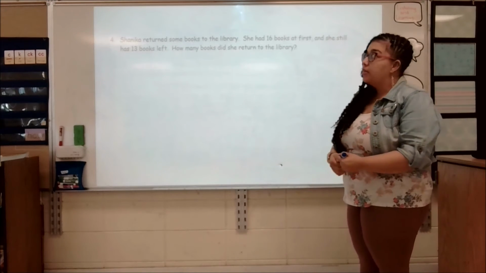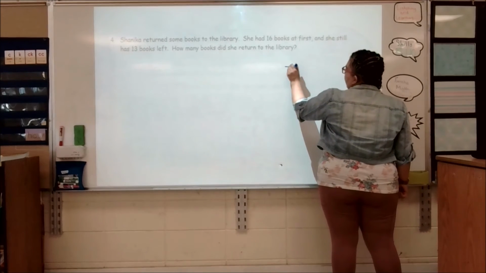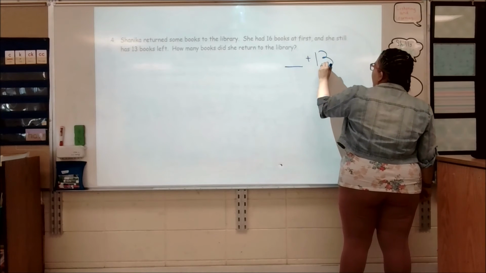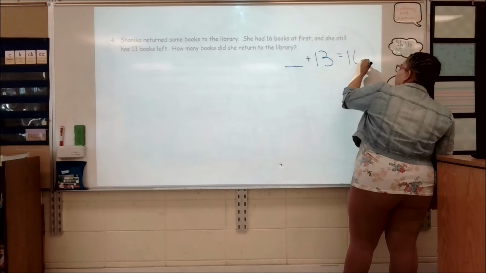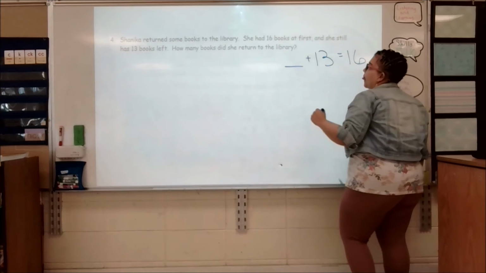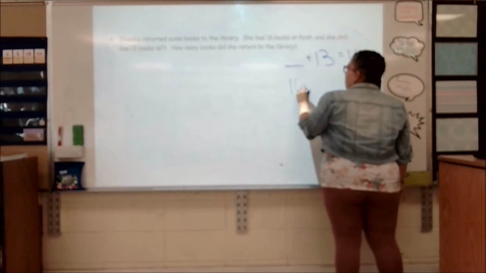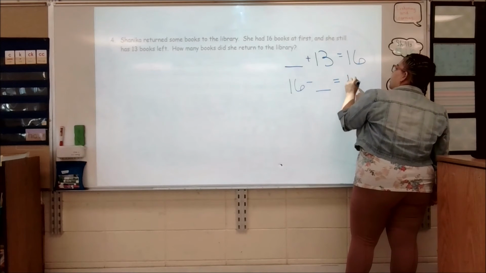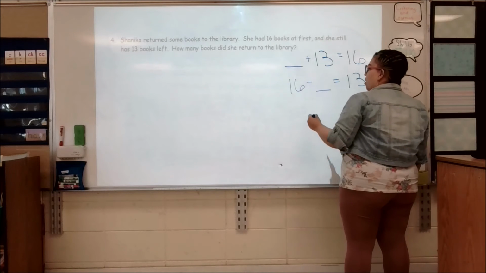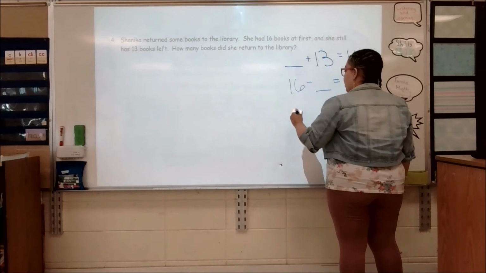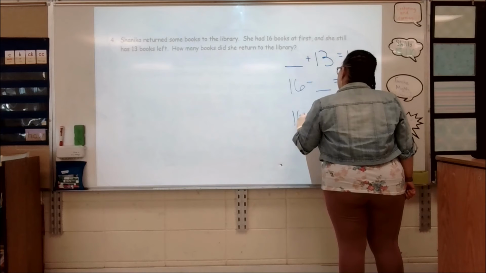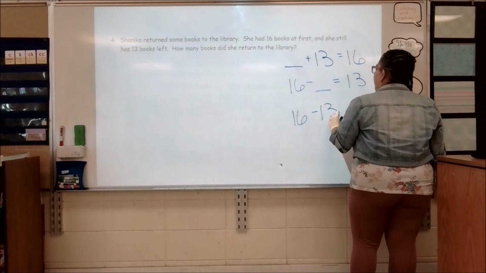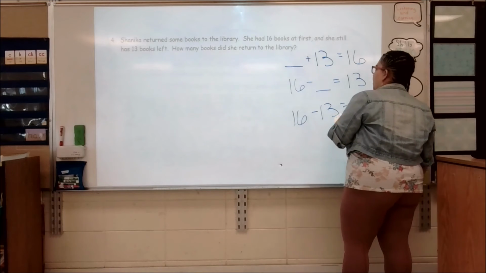So there's a couple number sentences that work with this. Blank books returned plus books left equals all of her books. Okay? Books at first minus books returned equals the books that she has left. Also true. You know what else is true? Books she had at first minus the books that she has left equals how many she returned.